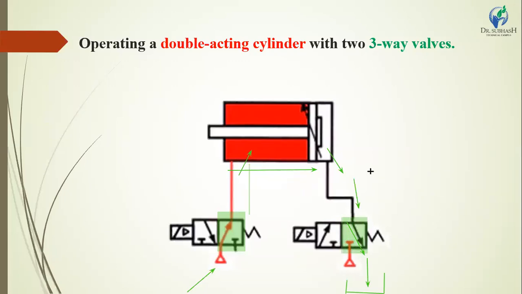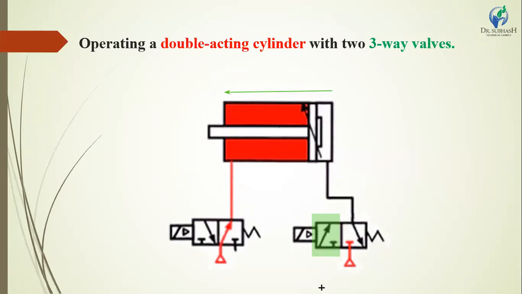If you want to move the cylinder in the other direction, you have to get the retract condition. The piston moves from the right side direction to the left side direction. So we require oil to enter the secondary side of the cylinder, so the three-way valve operates in the first condition.